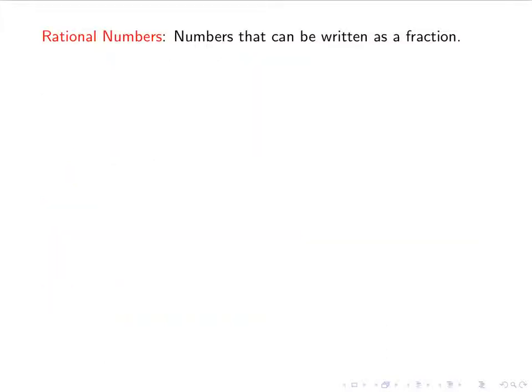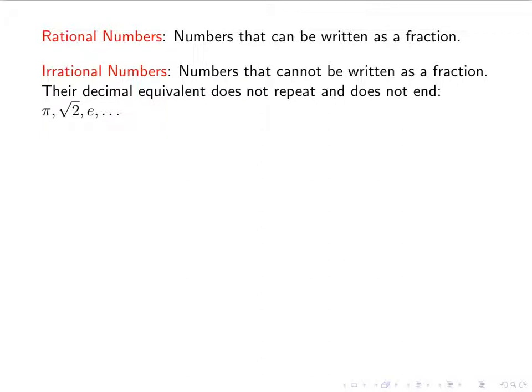And then we have what are called rational numbers. Rational numbers are numbers that can be written as a fraction. Irrational numbers are numbers that cannot be written as a fraction. Their decimal equivalent does not end and it does not repeat.